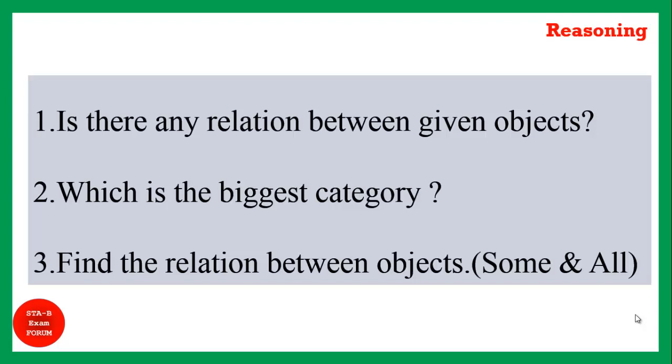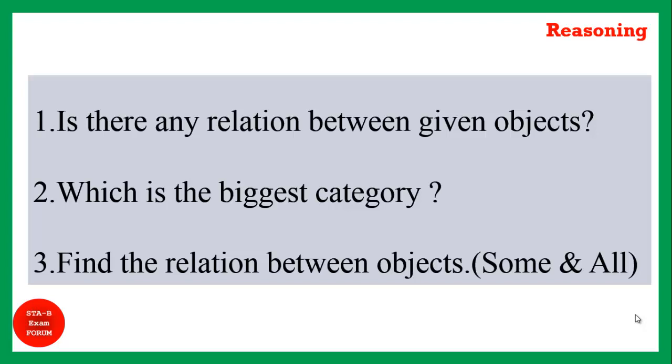There are basically 3 steps from which you can easily draw any Venn diagram in the reasoning section. What are those steps? First, you have to find whether there is a relation between the given objects. If the answer is yes, then you go for the next question, which is: which is the biggest category?